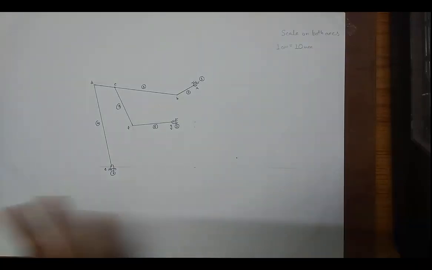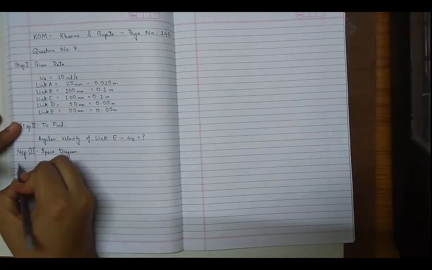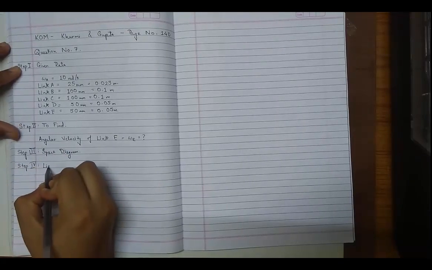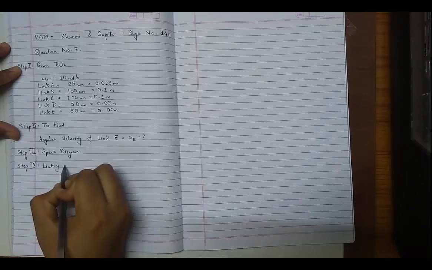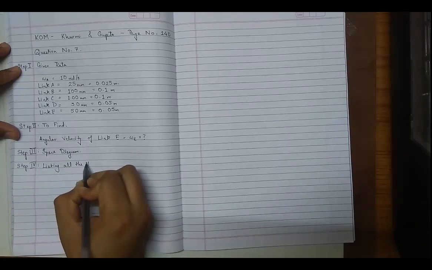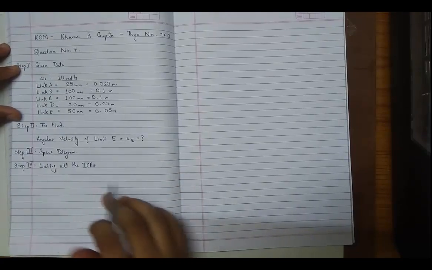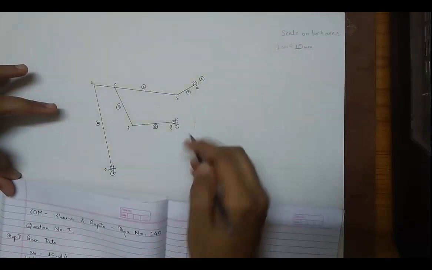After drawing the space diagram, you take your answer sheet. Space diagram done. What is step number 4? Step number 4 is listing all the ICRs. Now how many links do you have?